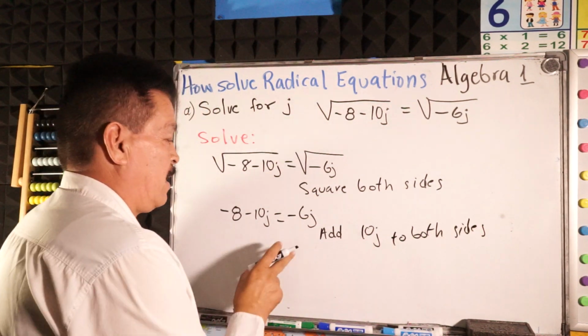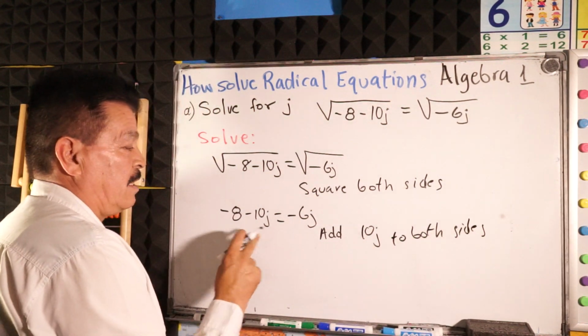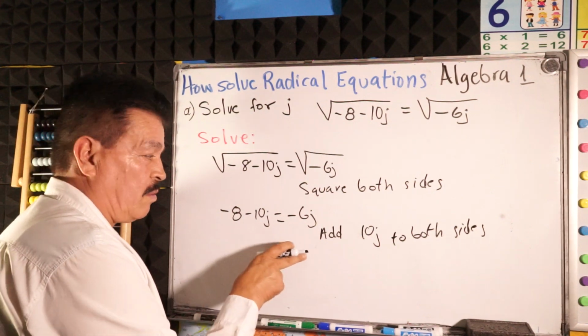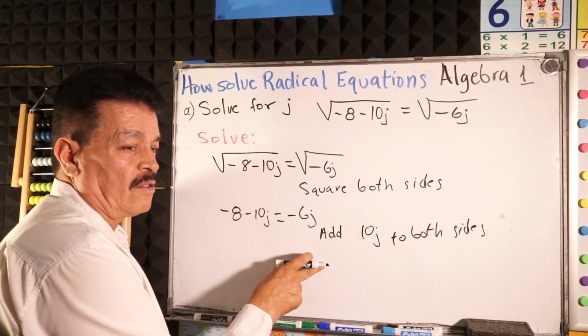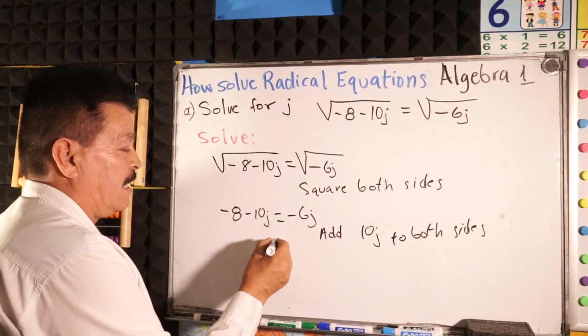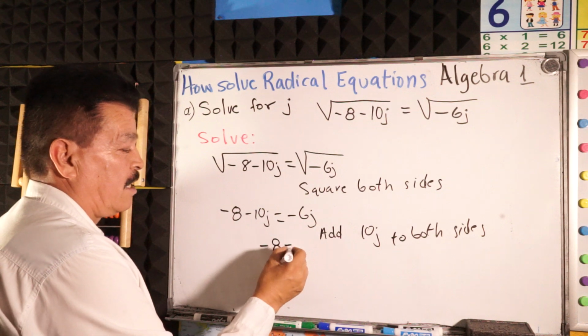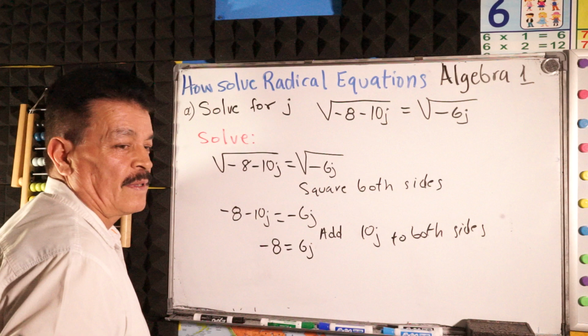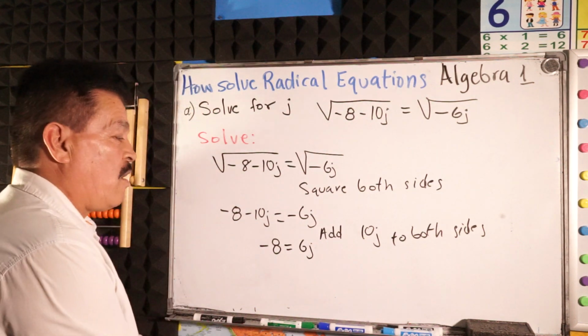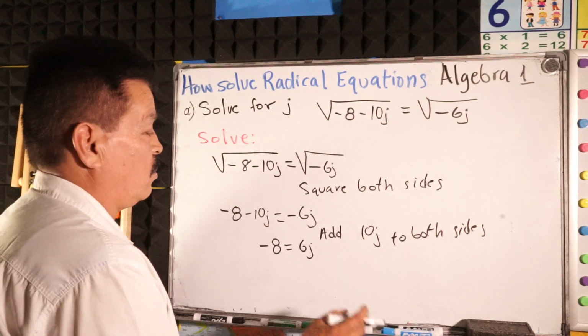You added 10j on both sides and then simplify. We will have negative 8 equals 4j.